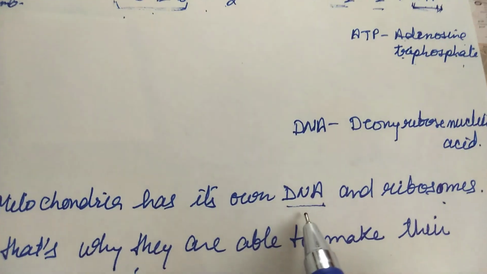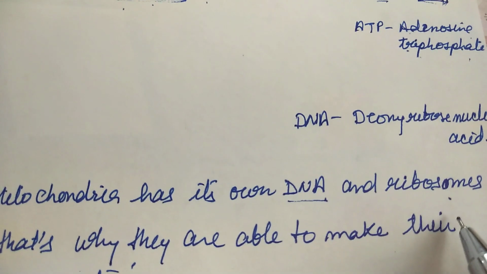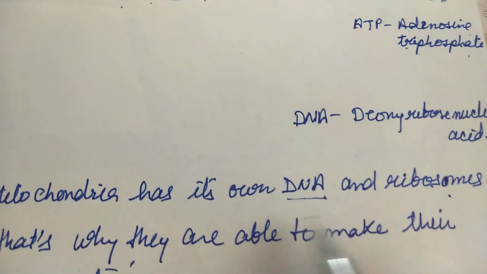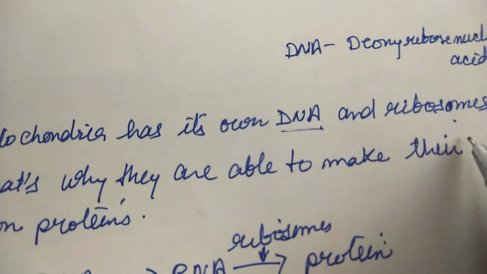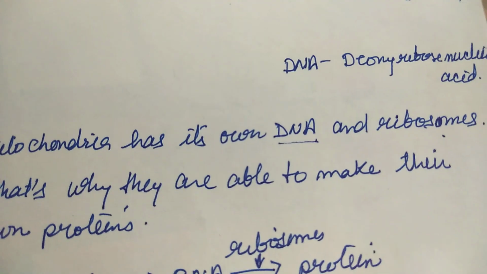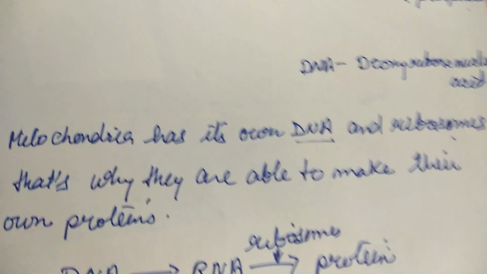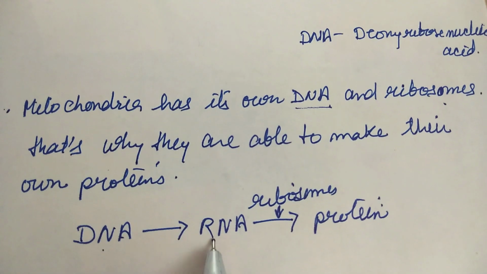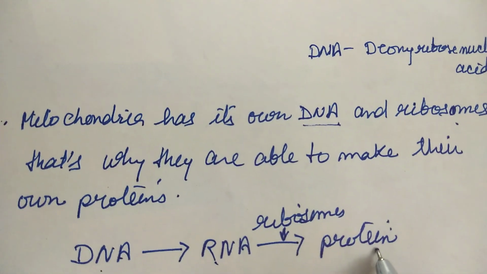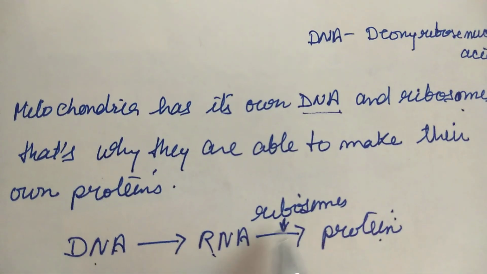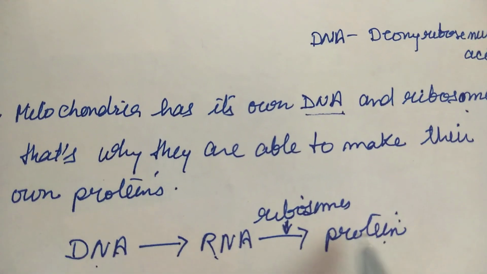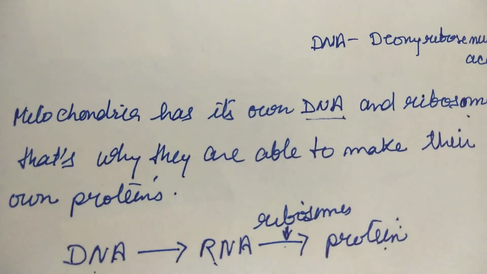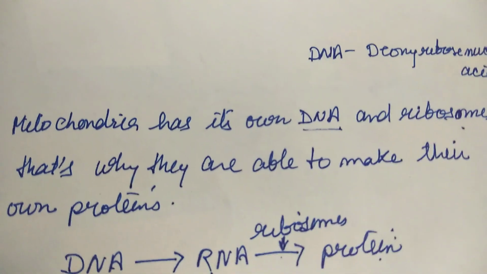This DNA and ribosome are both required for the synthesis of proteins. So how is protein formed through DNA? DNA forms RNA, and RNA forms protein. Here ribosomes are required: from RNA to protein formation, ribosomes are required.